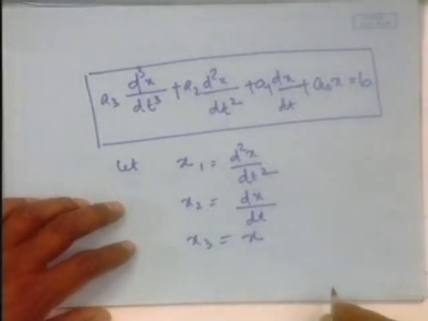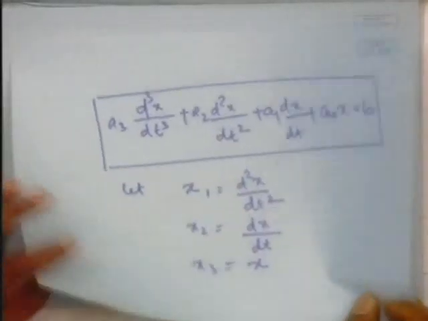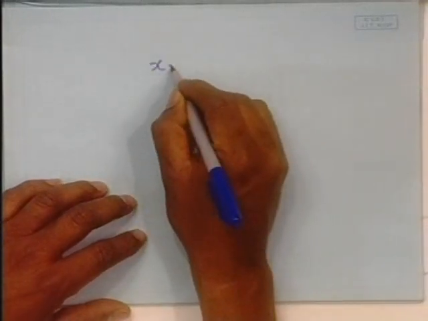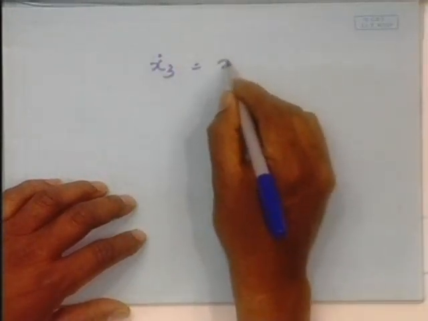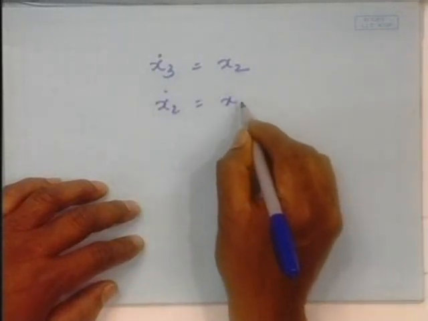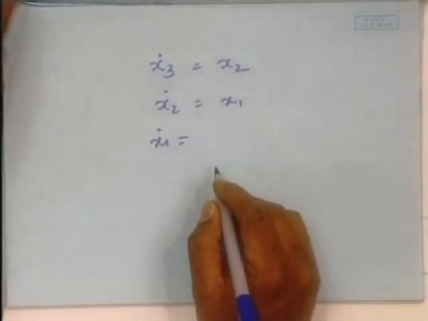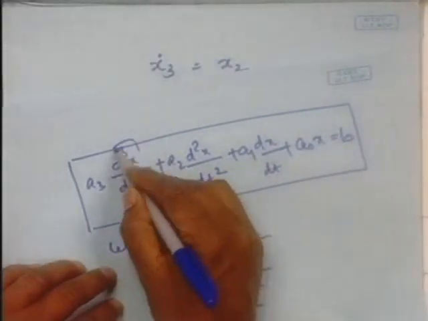If I take like this, this turns out to be a third order differential equation. So I can write this as, you can see here, x3 dot is equal to x2 and x2 dot is equal to x1 and x1 dot is equal to, from the equation which you can see here, this is your x1 dot.